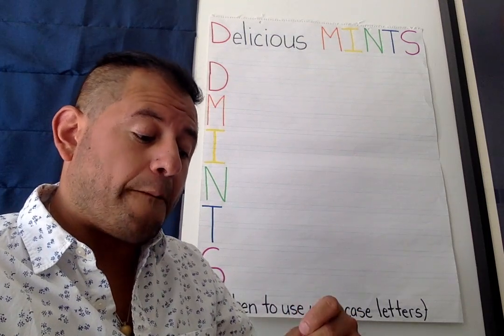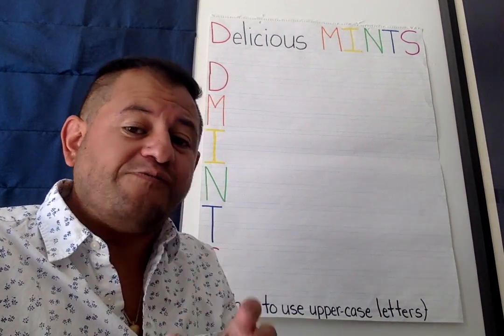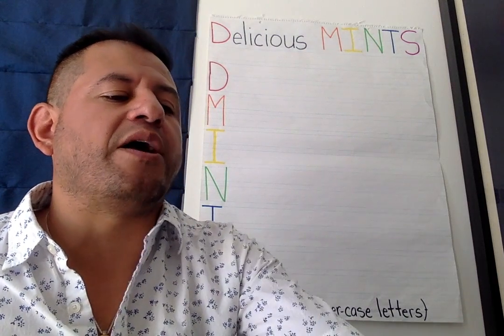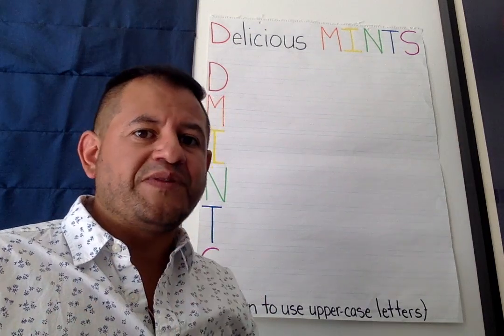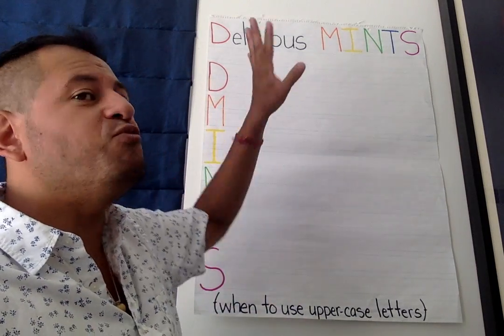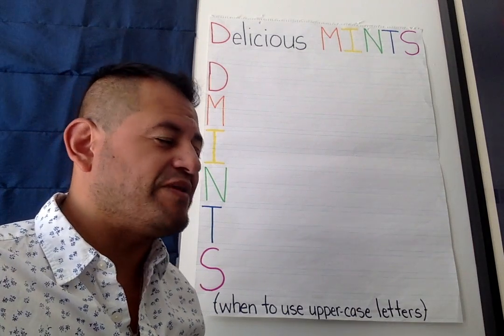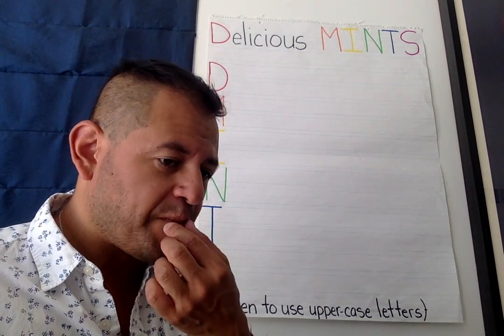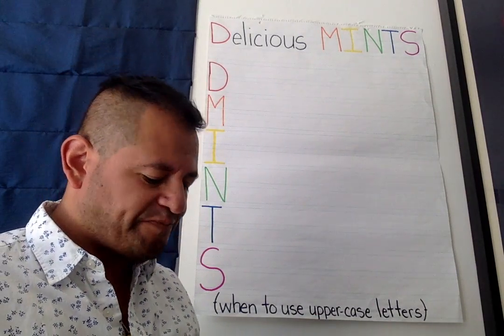Maybe you have gum, maybe you have something else you want to chew on, but you don't have to. Okay? I'm going to use a mint. Okay. So I have the taste and feeling of a mint in my mouth, and I'm going to tell you when we use uppercase letters in our writing. Actually, what I'm going to do is I'm going to take it out. I'm going to put it on my napkin so you can really hear my voice clearly.